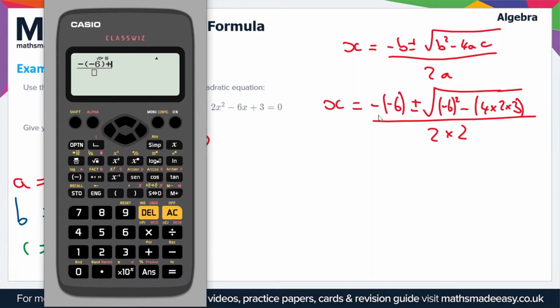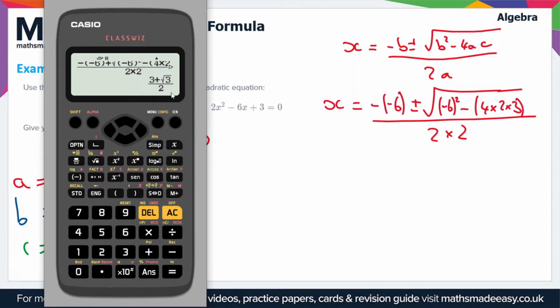So we've got minus 6 plus the square root of minus 6 squared minus 4 times 2 times 3 over 2 times 2. So really all we are doing here is just putting this expression into the calculator exactly as it appears, and that way we can't go wrong.